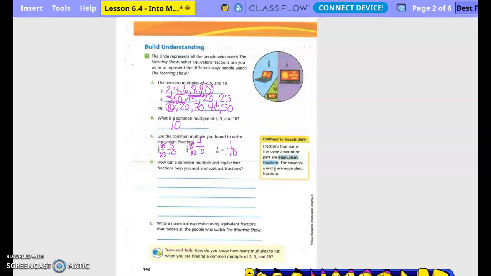Basically, you're getting the same size parts, right? Okay, and it makes it easier to add or subtract them when they are the same size parts, right?